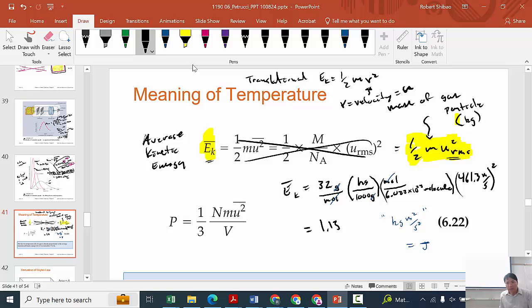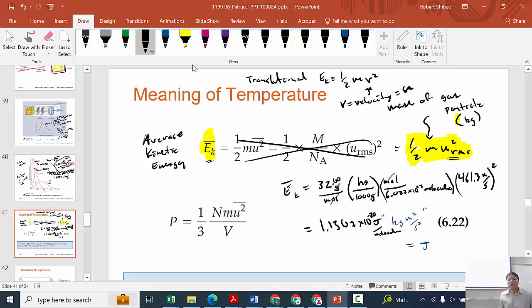I guess we could go for sig figs: 1.07 times 10 to the minus 20 joules per molecule. So a very, very, very small number here.